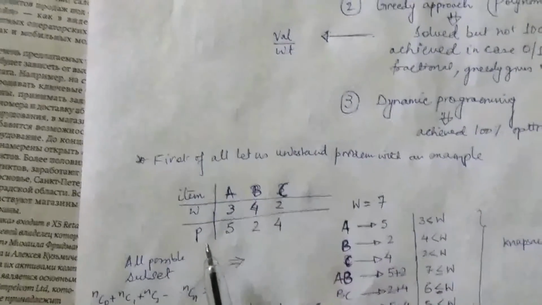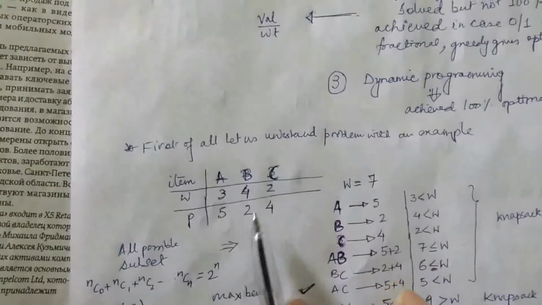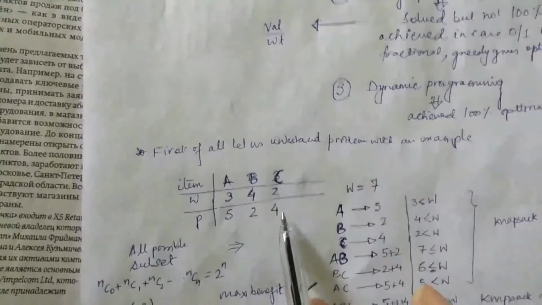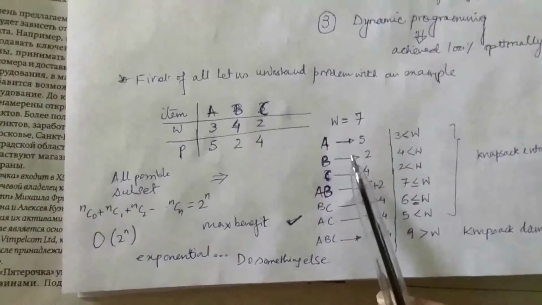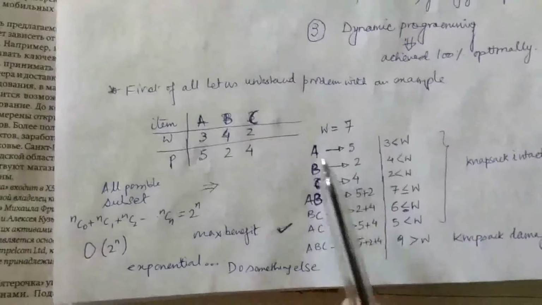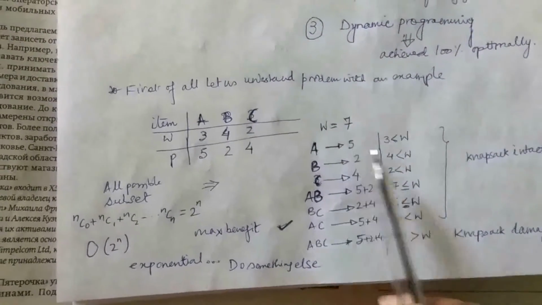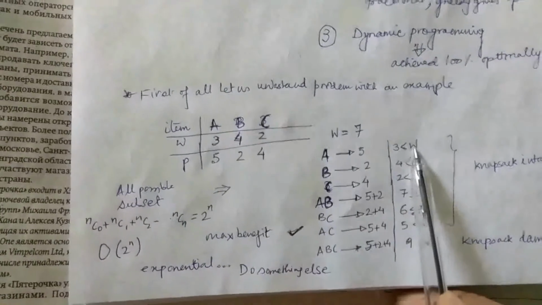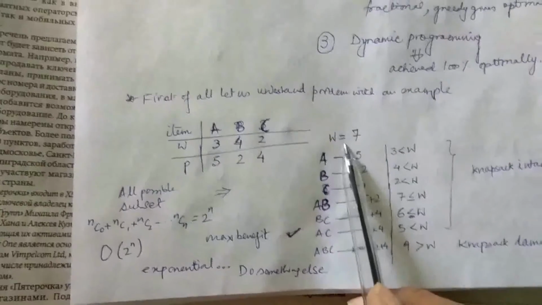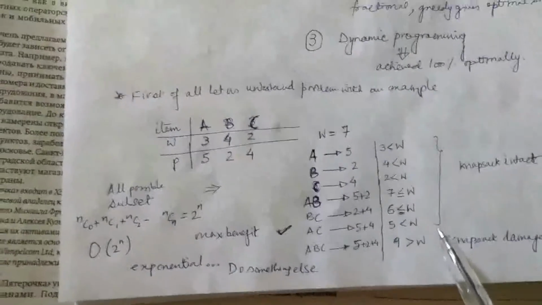And the price or the benefit if we pick up the item is 5 for A, 2 for B, and 4 for C. We will see all possible subsets. If we pick up only A, we get 5. Since the weight of A is 3, which is less than the maximum threshold W, it is okay. My knapsack is still intact.